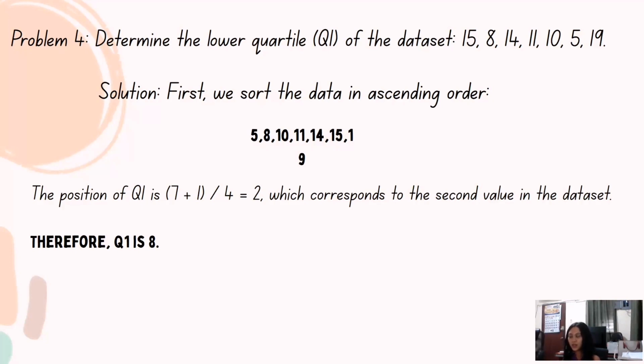The position of quartile 1 is (7 plus 1) over 4 equals 2, which corresponds to the second value in the data set. Therefore, quartile 1 is 8.